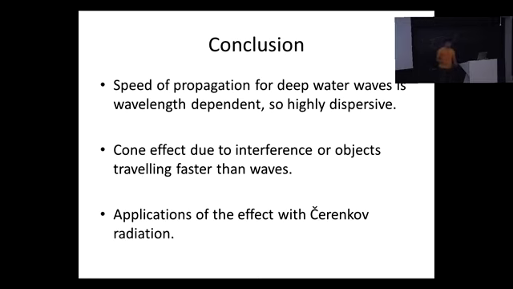But we have this nice cone effect also with different physics and different situations when objects travel faster than the waves they create. So in fact, it's quite good that we can use this effect in some applications of experimental physics. It's still physics, so it's good.